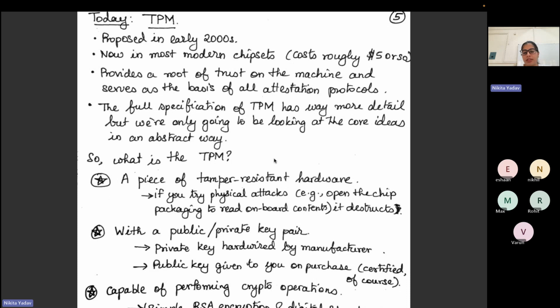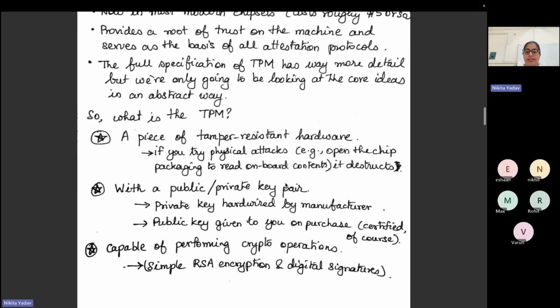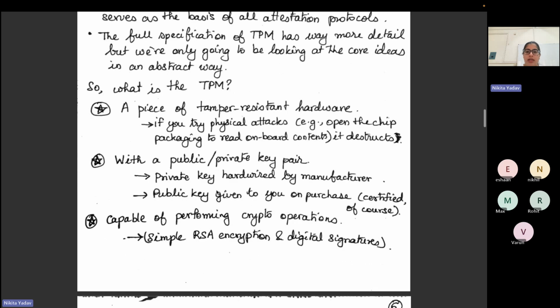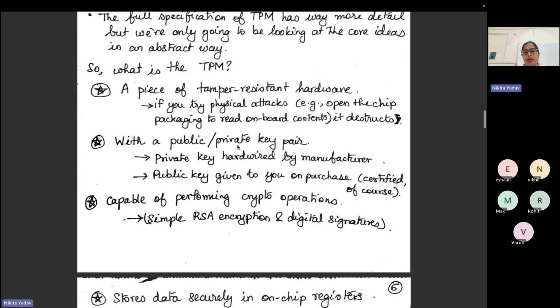First, it is tamper resistant hardware, meaning that even if your cloud provider, say, tries to tamper with the TPM running on the remote machine by doing a physical attack, it cannot do so. And this hardware has a private key embedded inside it, which will be used to generate encrypted data and also generate digital signatures.